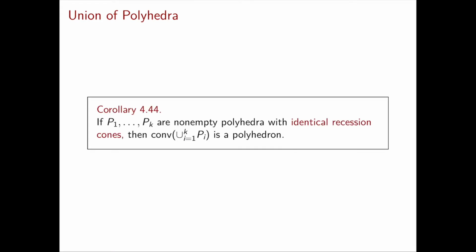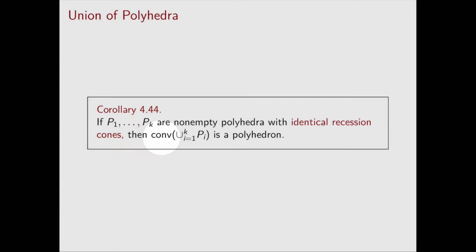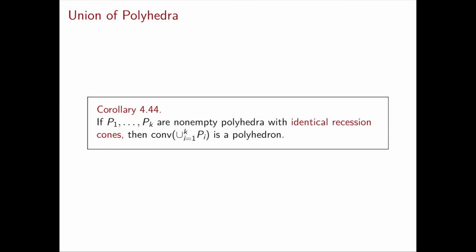A consequence of some of the arguments used to prove the previous result is the following, that talks about, once again, now the convex hull of the union of Pi as opposed to the closed convex hull.